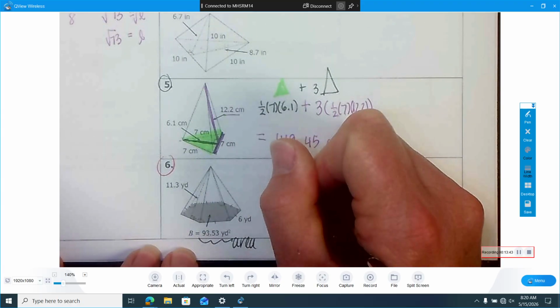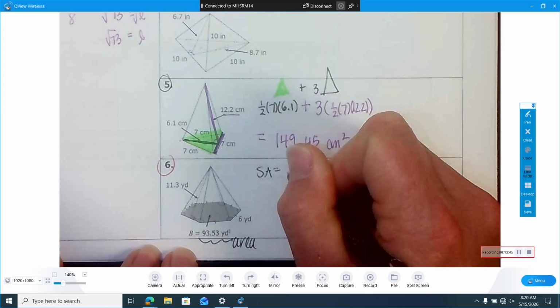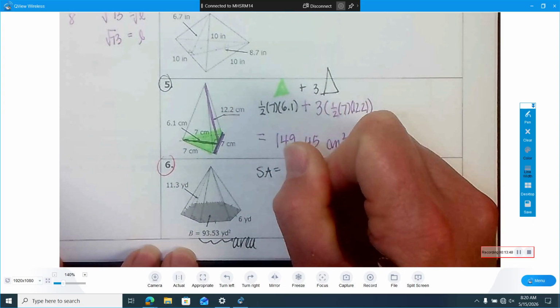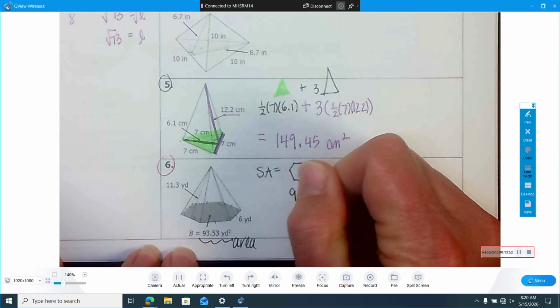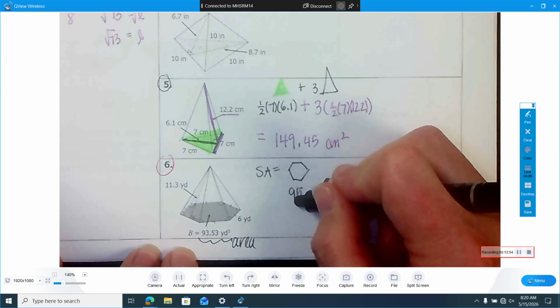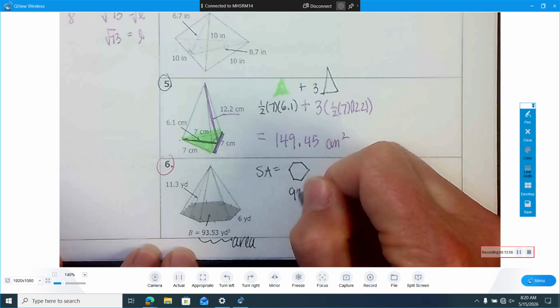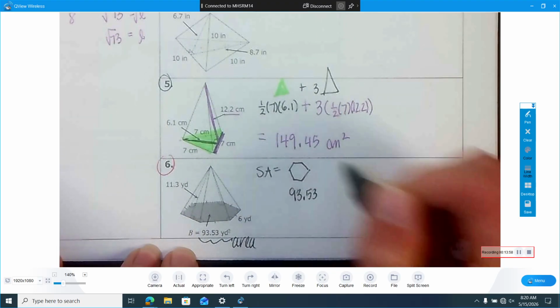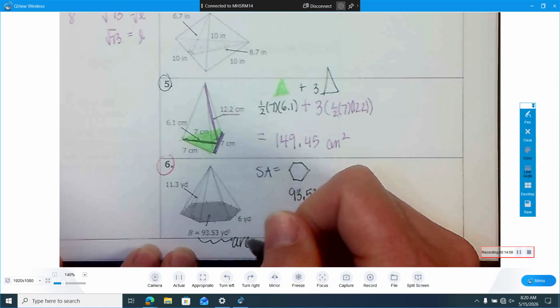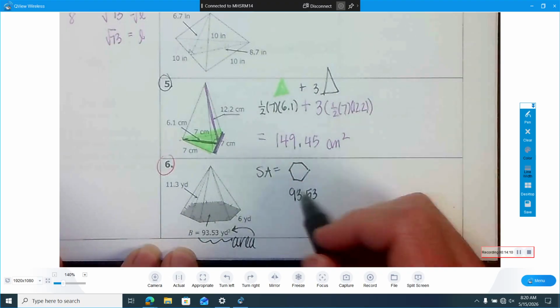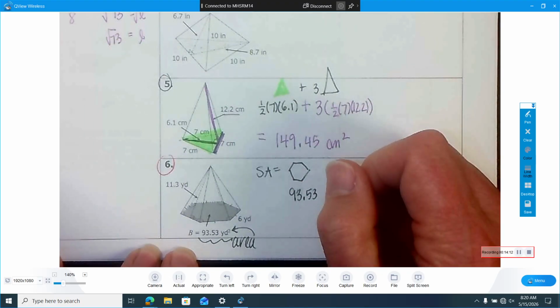So for the surface area here, we have our hexagon base, which they told me has an area of 93.53 square yards. And why did I know it was area? Because of the yards squared. The units told me. Those units are telling me that that's the surface area of the base.